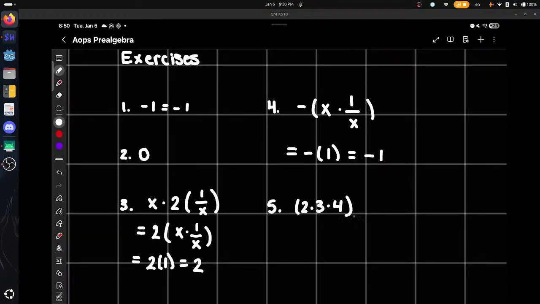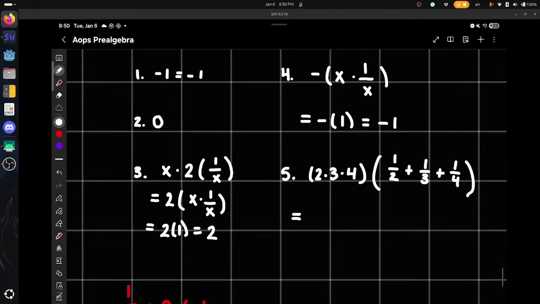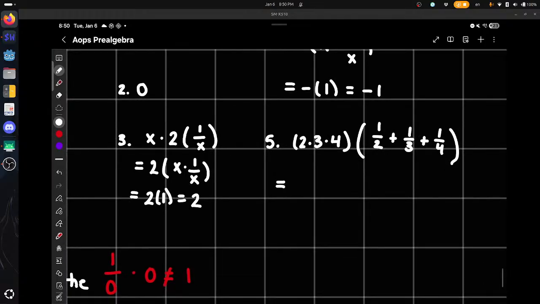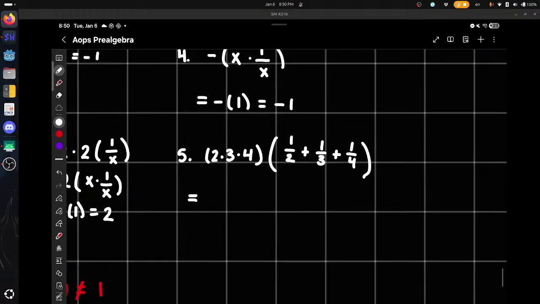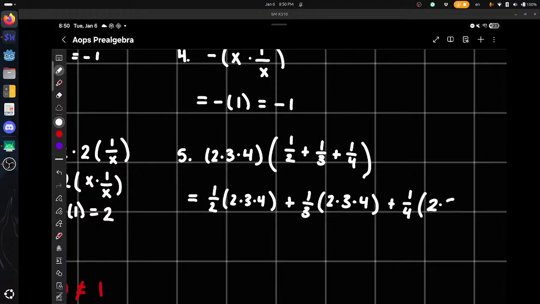Next problem. We can use just the distributive property, so we can do this. It's a lot of numbers, but I think I already see what they're doing.